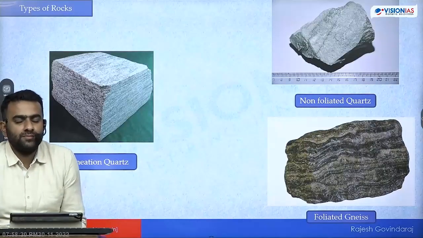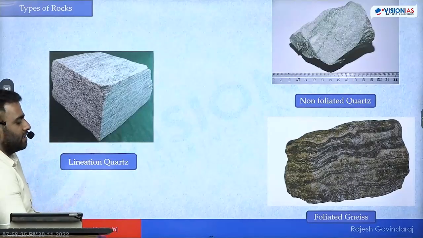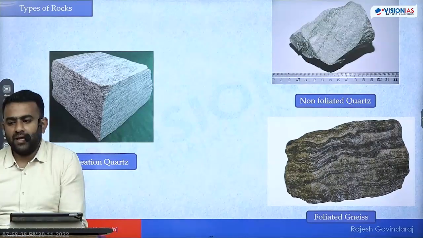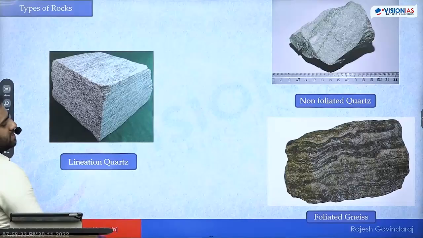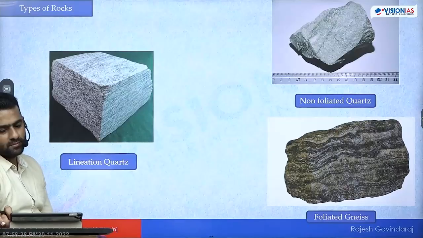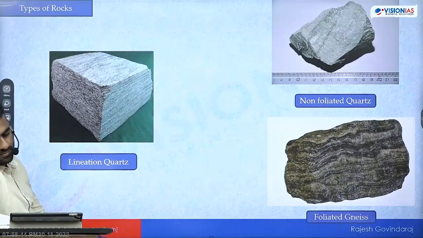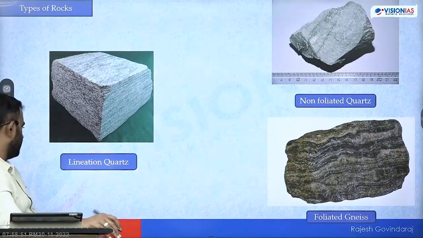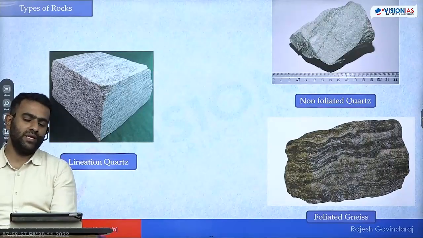Foliation involves banding. What is banding? Arrangement of bands is banding. So next, lineation. When minerals are arranged in a linear manner, it causes lineation.